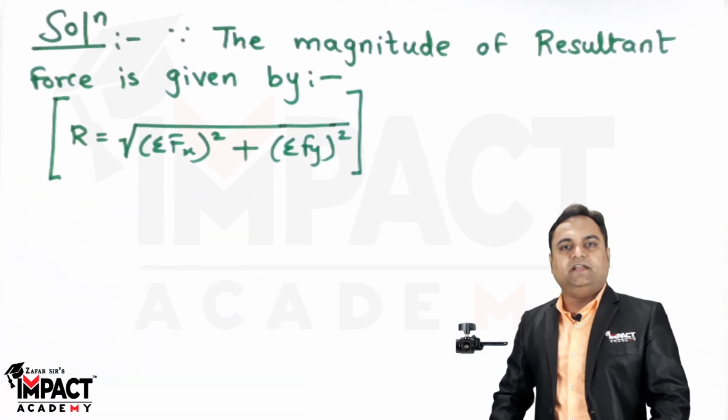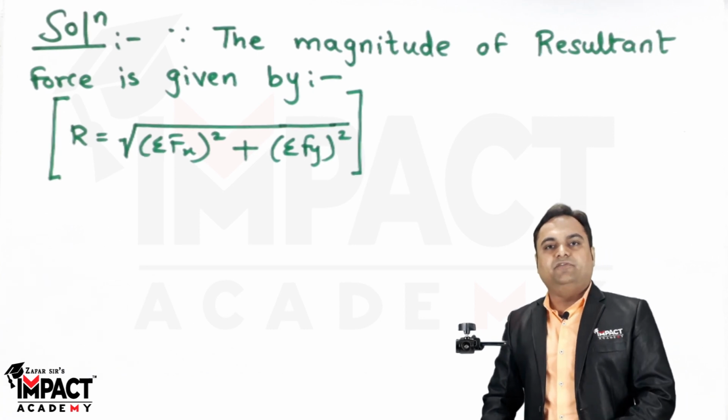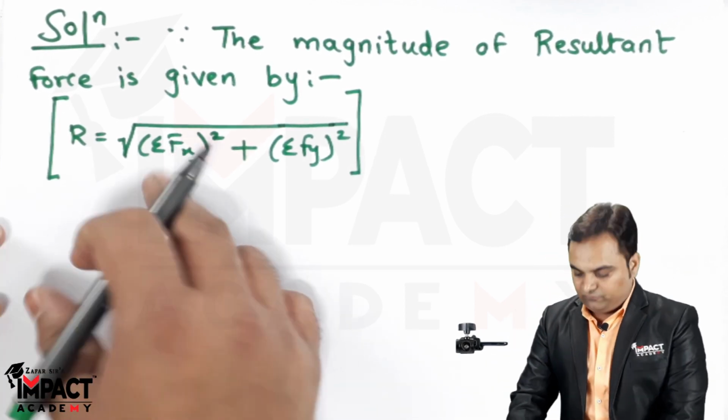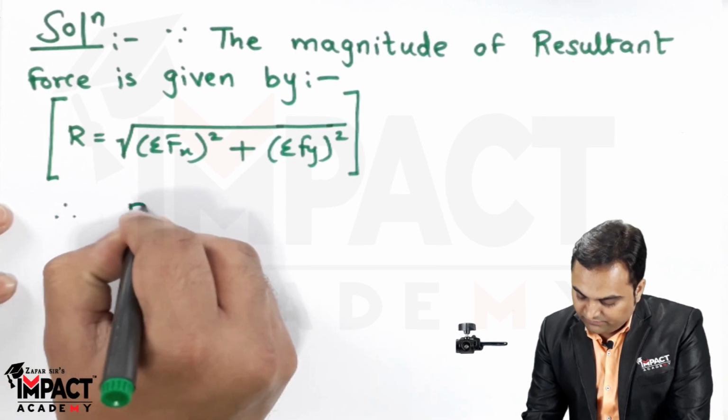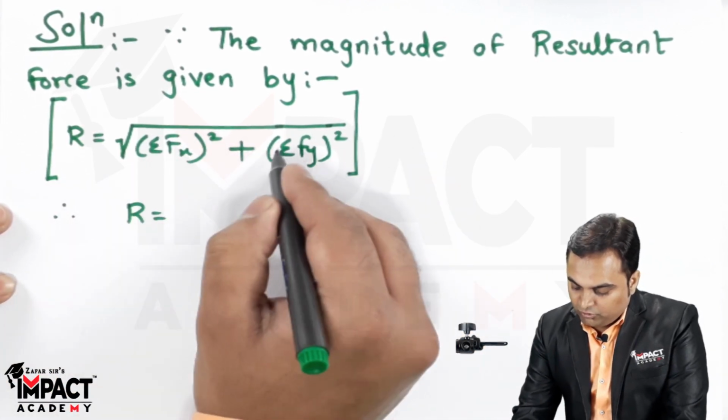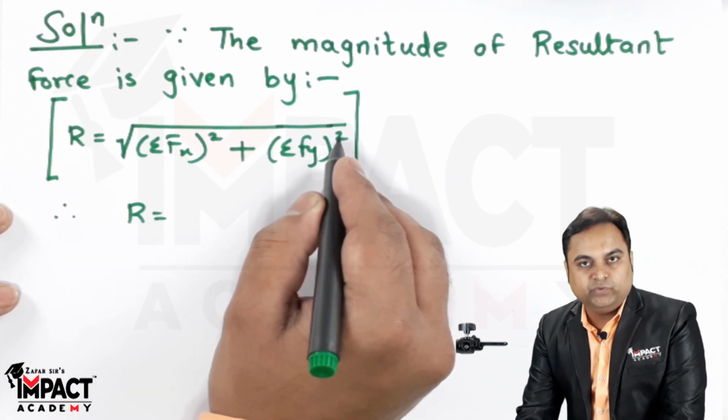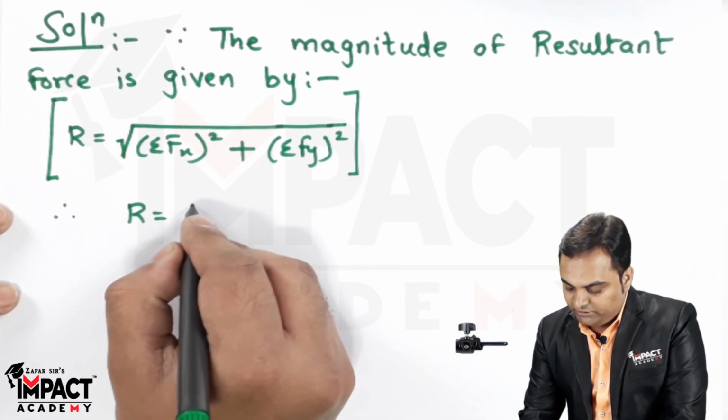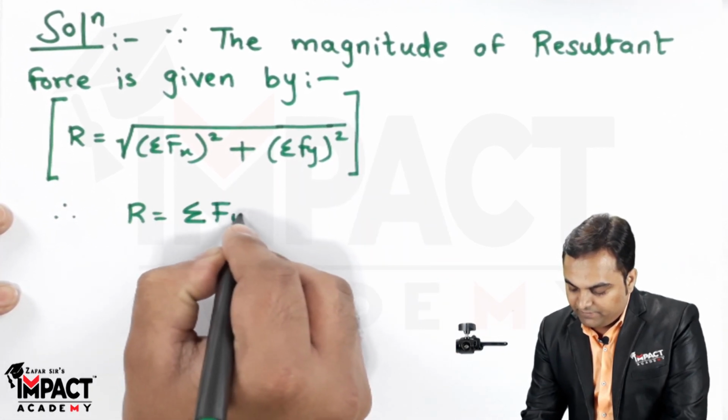Now when we look into the diagram, there are only parallel vertical forces given, so summation Fx would become 0, and the resultant would be left with root of summation Fy square, and when we take the root, it would be summation of Fy.